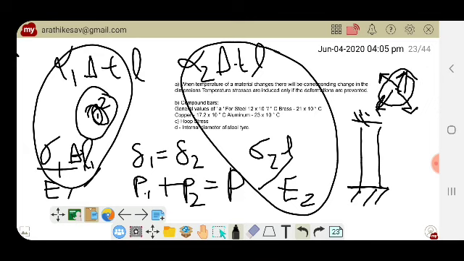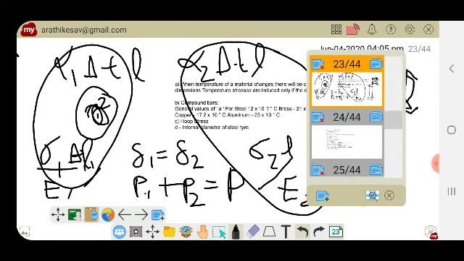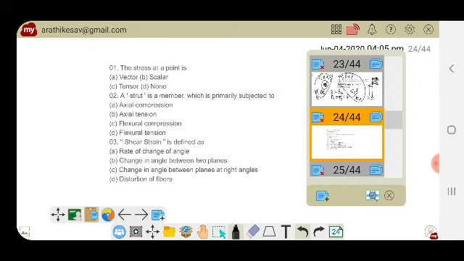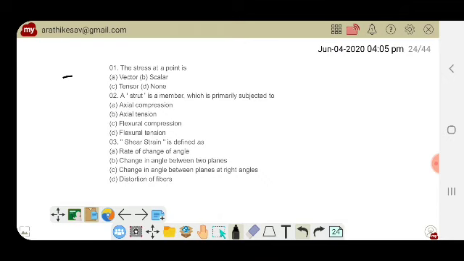Next we'll see that in detail when we look at the problems. So we are moving to problems. That much is the syllabus with the introductory part of this subject.